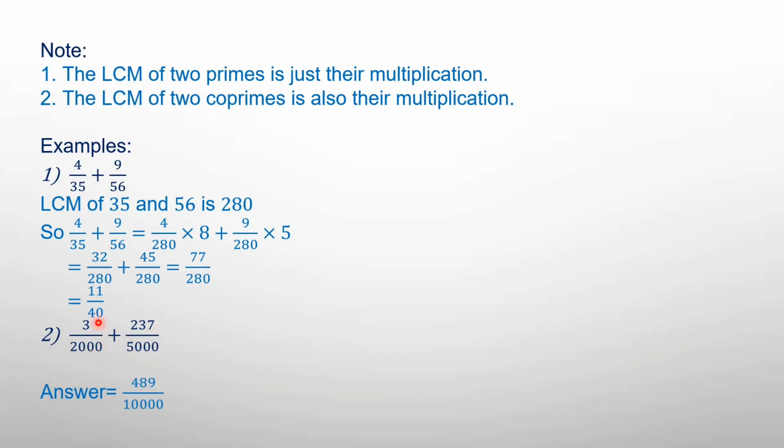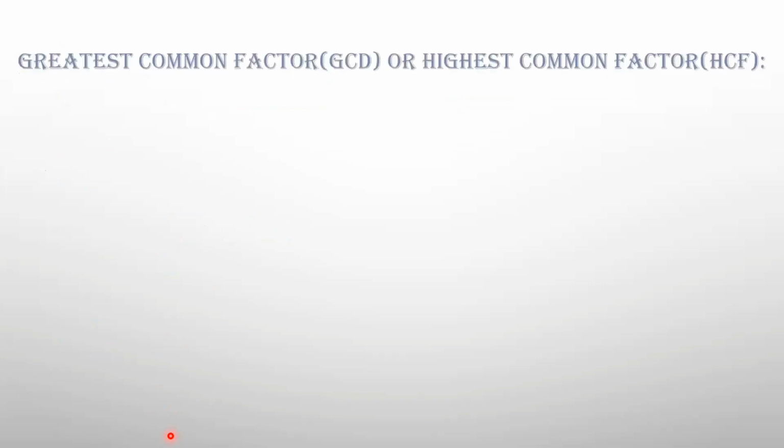Multiply the numerator and denominator by 5. For the second fraction, multiply the numerator and denominator by 2. We will get the common denominator 10,000. Just add the numerators. It will give us the answer 489 upon 10,000. This is the use of LCM in adding fractions.